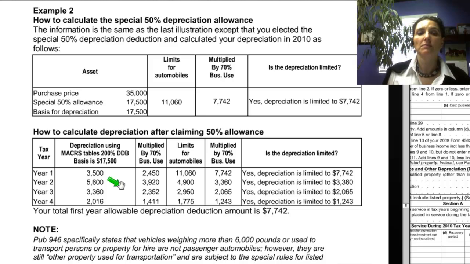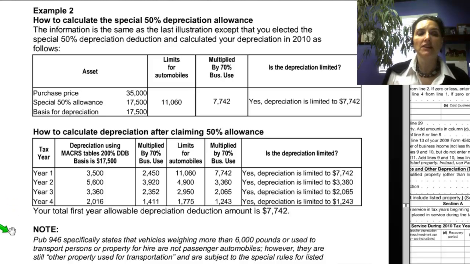We then need to apply the limits on automobiles, and for the first time, the limit is higher than our multiplied depreciation, except wait, we have to multiply that limit by 70%, and when we do that, $4,900 drops down to $3,360, and again, the limit is affecting us in the second year. And that same rationale goes all the way through, so whether we claim bonus depreciation or no bonus depreciation on this vehicle, we are hit with those limits.